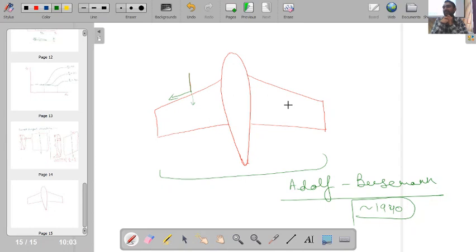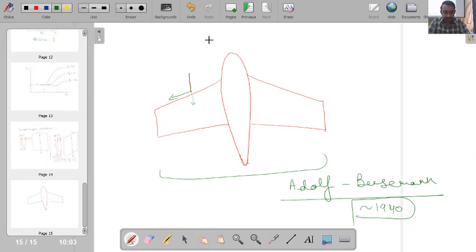The reason was that by that time this particular theory was not much developed, but still Adolf Busemann was the one who gave these velocity triangles for a swept aerofoil structure, and he proposed that by using this type of structure we can have a higher drag divergence Mach number. Okay. So this is all about linearized flow theory.